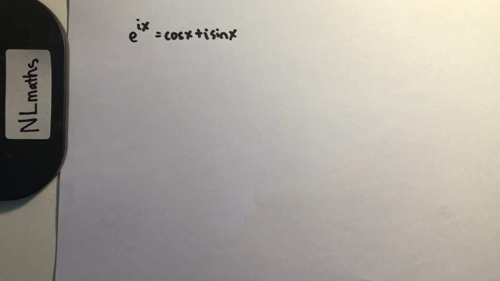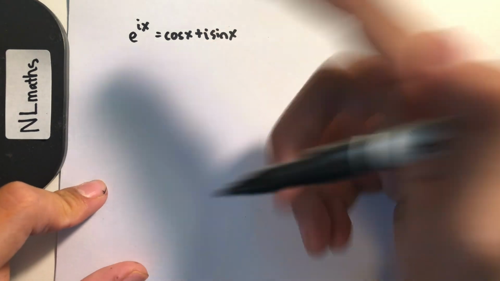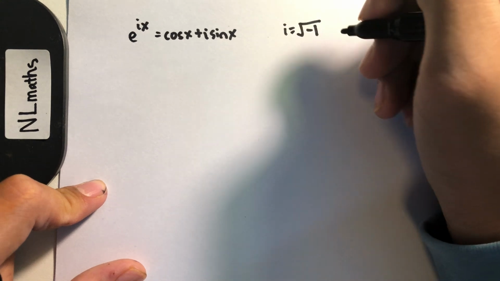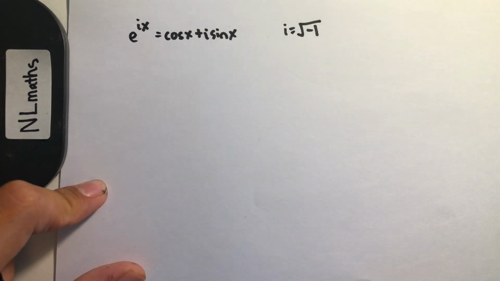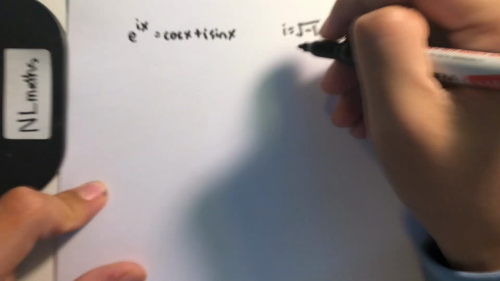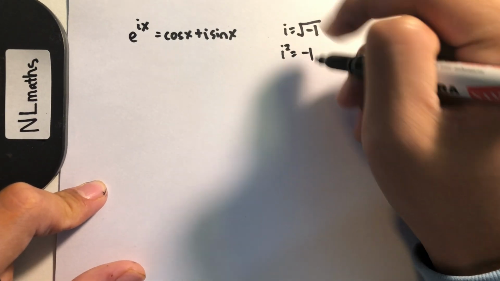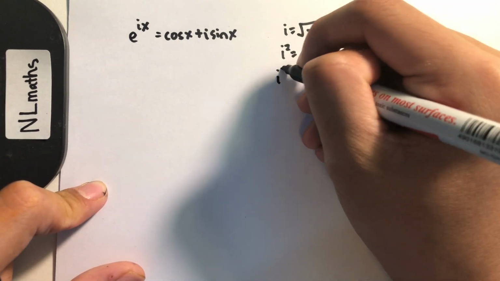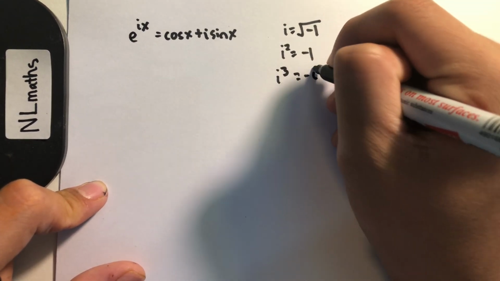So we are going to, actually, I should give you a review. i is the root of -1. And we'll be looking at the squares and the cubes and the quadruple ones as well. So i squared will be -1 because you're cancelling the square root. Then i cubed is going to be -i.